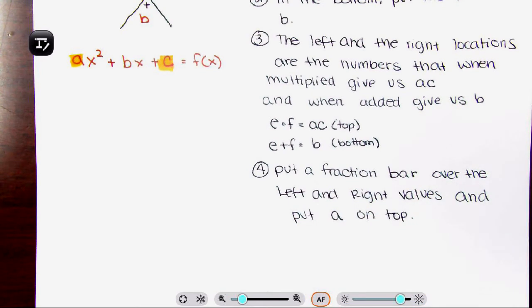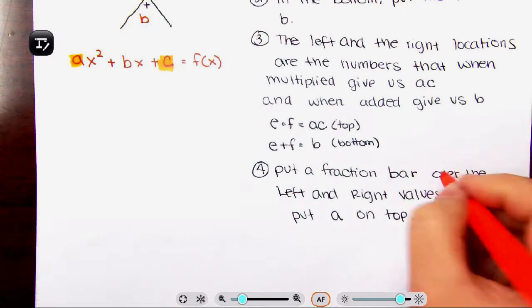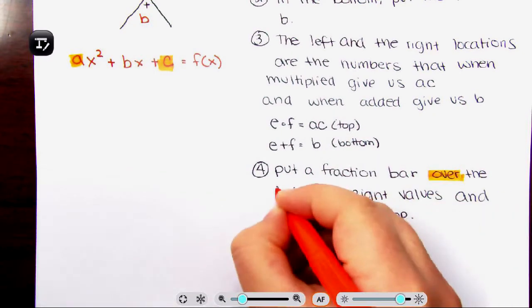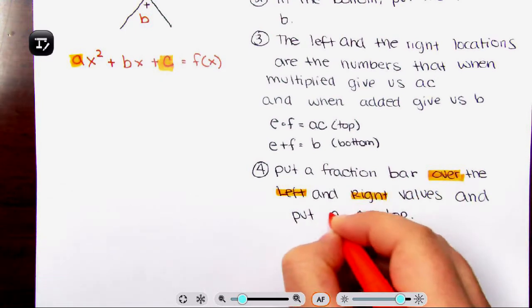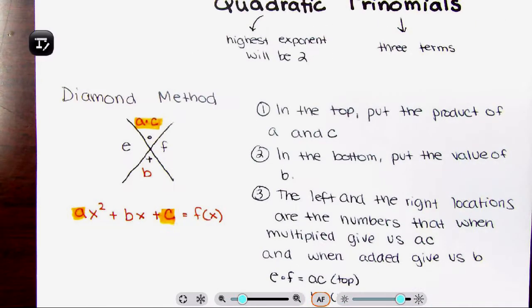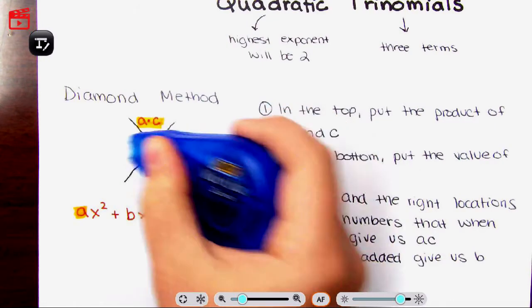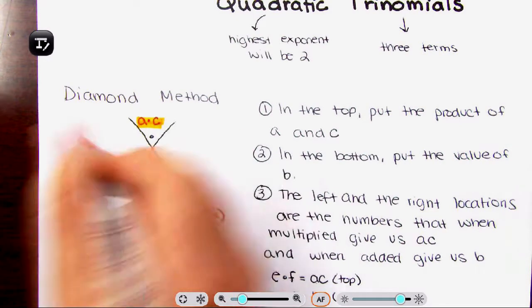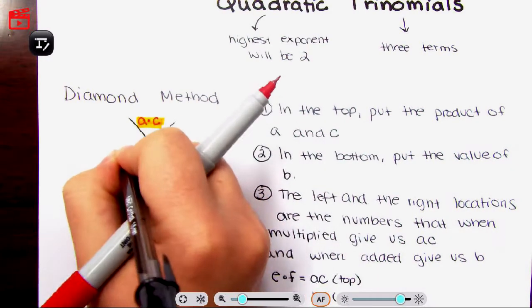So step number 4 is super important. Here are my left and right values. I'm actually going to erase them and write them lower so I have room for my bar. So here is E and F.